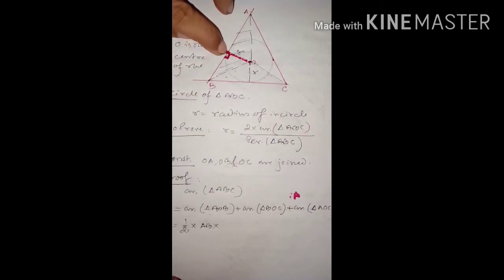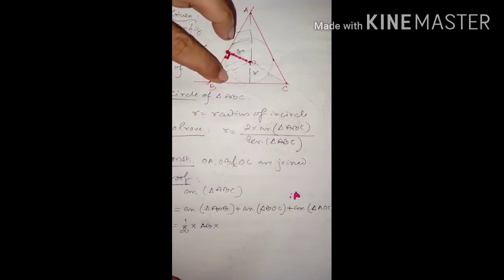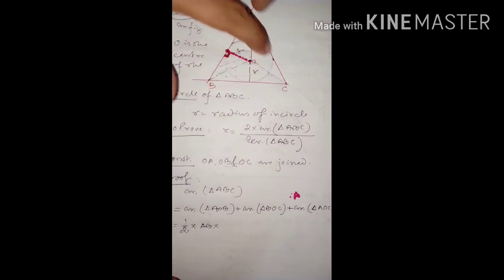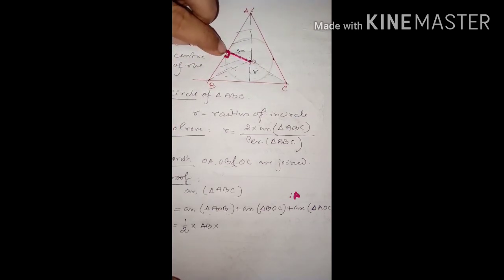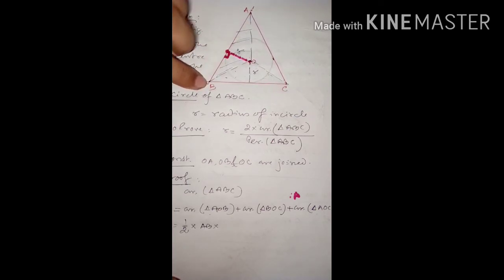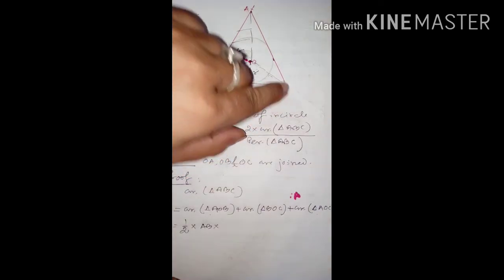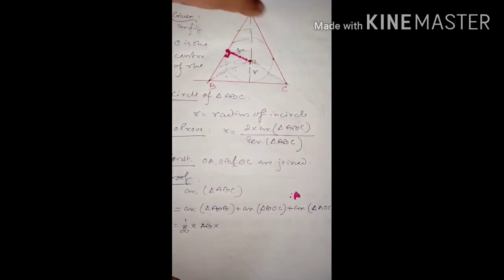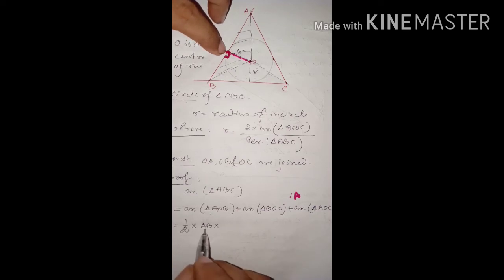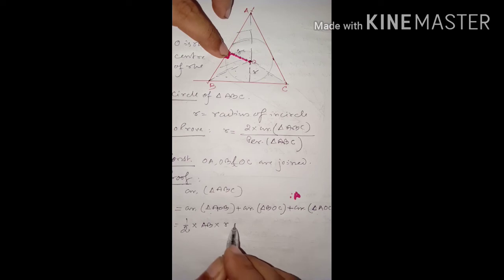This line is a tangent for the circle because it touches the circle at a point. Likewise this line is tangent, and this line also is tangent. All three sides of the triangle are tangents, and the radius is perpendicular to the tangent at the point of contact. So it is half into base into height, and the height is R, the radius.